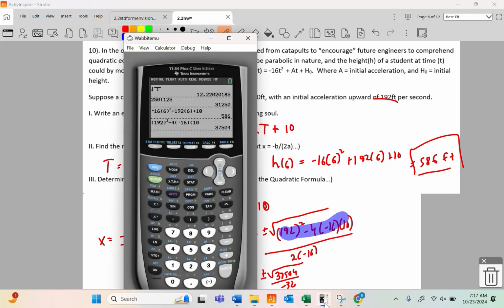Now let's see what we get here. We have the negative 192 minus that square root divided by the negative 32. So I have a time of about 12.05 seconds.